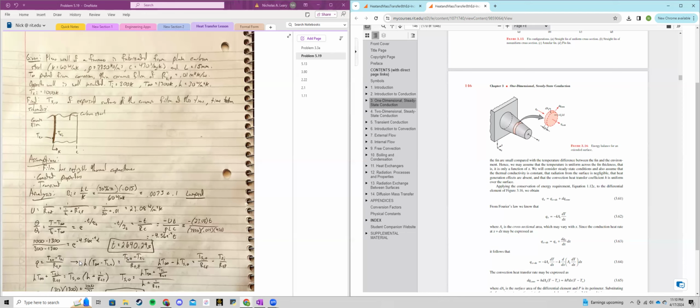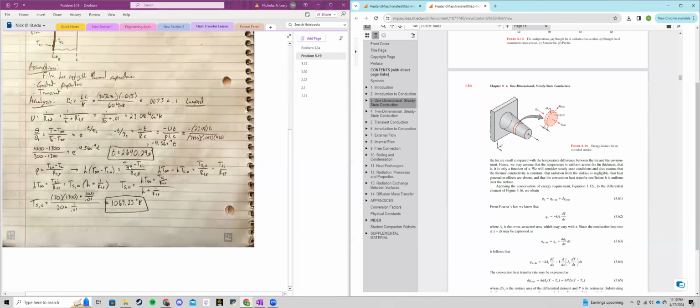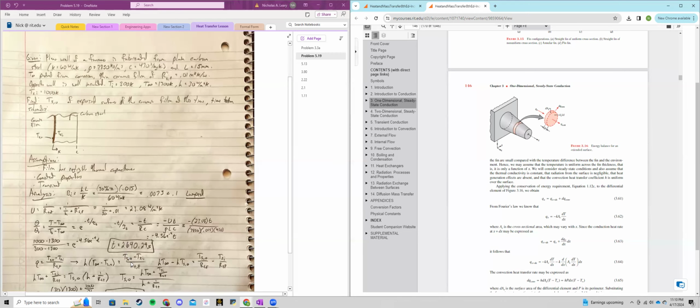So I did just that. We have h times T infinity minus TSO, and then that's equal to the difference of TSO minus TSI over the resistance. So our unknown is TSO.